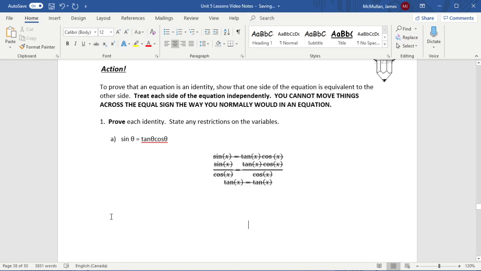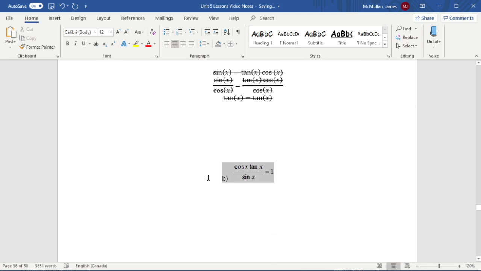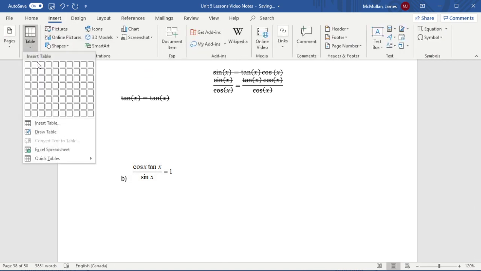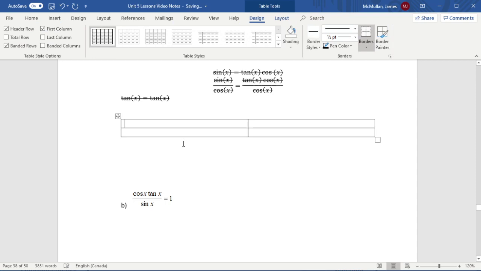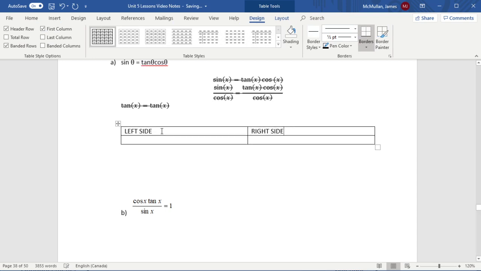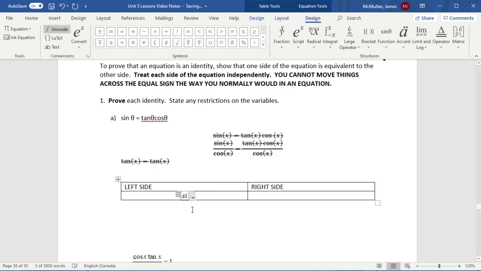Okay? When you're doing a proof, it must be set up in the following manner. Let me just show you how I want this set up. Make yourself a table. On the left, say left side, or LS. On the right, say right side. Write down what's on the left side of the equation.